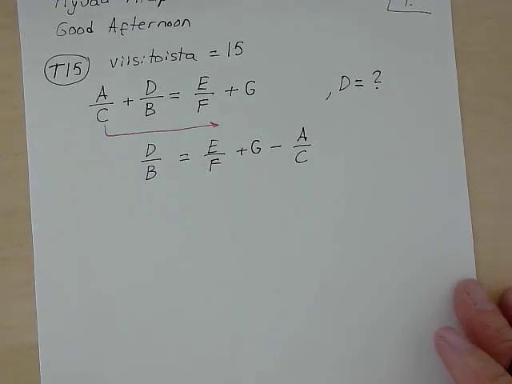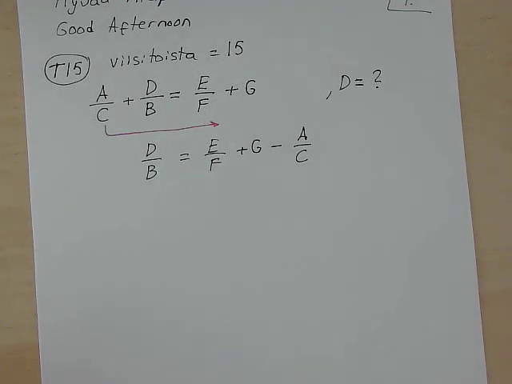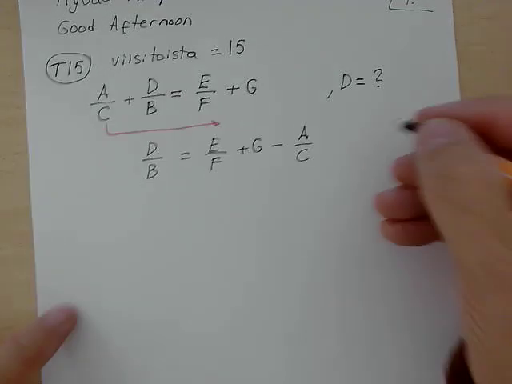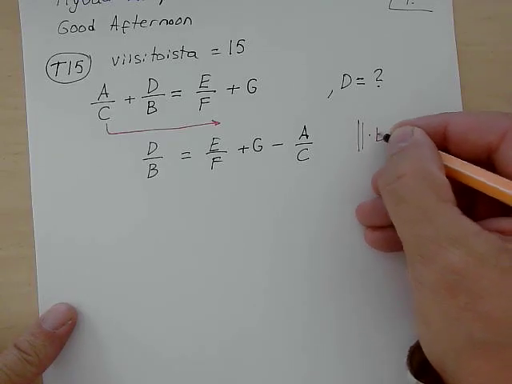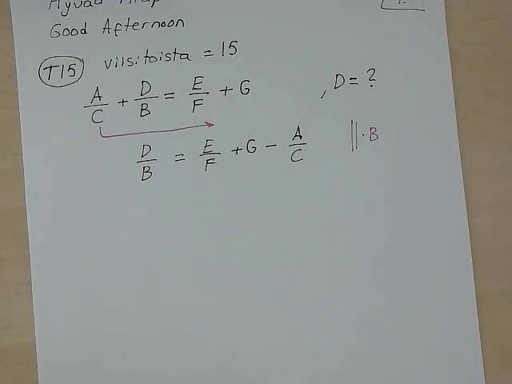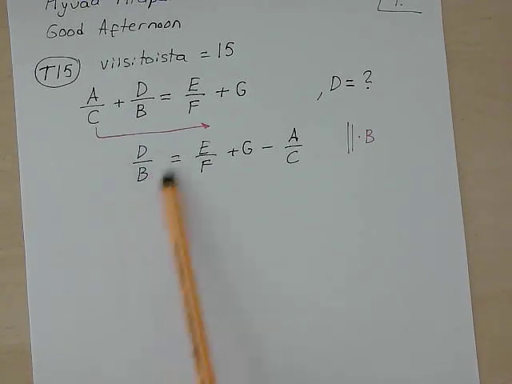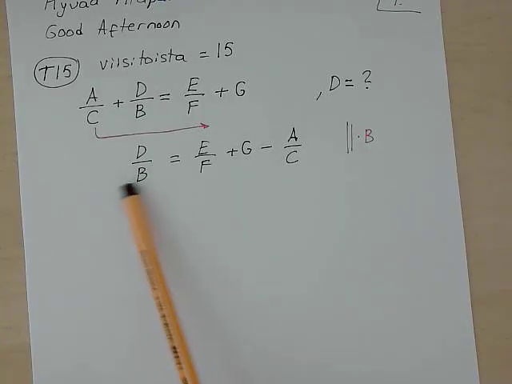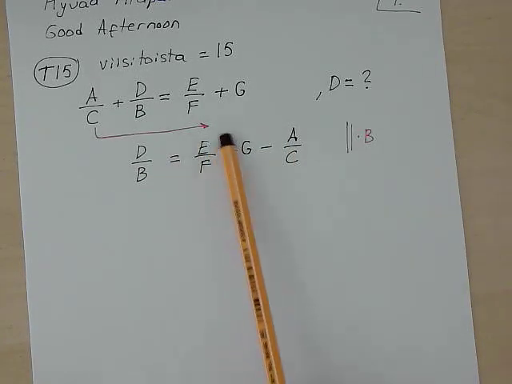And what now? What did you say? d equal to b times the bracket e by a plus g minus a by c. Yeah. So we will multiply this equation with b. That means it cancels from the left hand side, and it goes to the right hand side, and it multiplies this expression here.